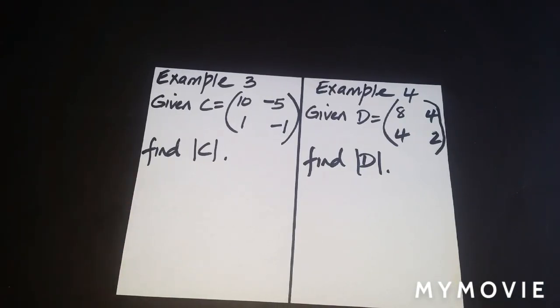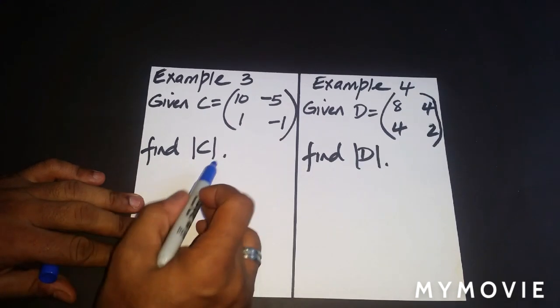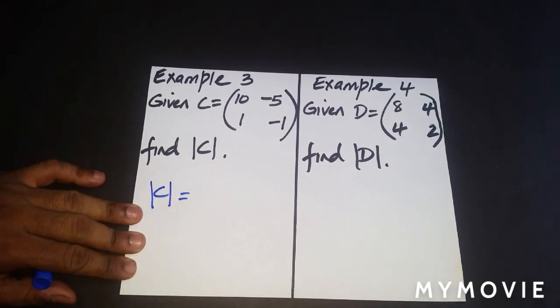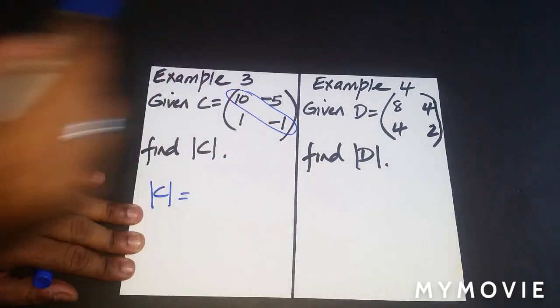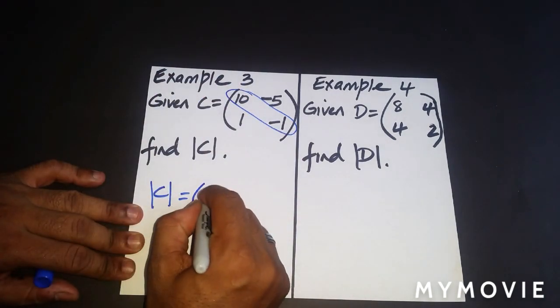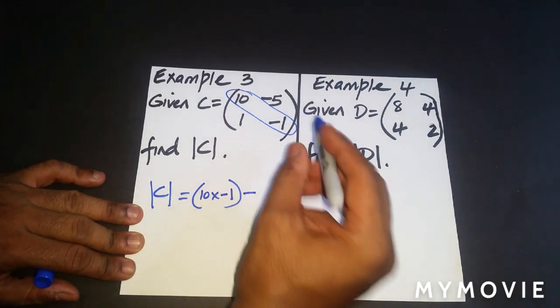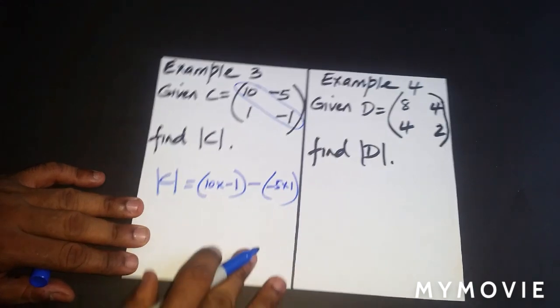All right, so let's take a look at this. Again, we're focusing on 2 by 2 matrices only. We're asked to find the determinant of matrix C, which is denoted this way. The determinant of matrix C equals the product of the elements in the leading diagonal. Here are the elements in the leading diagonal. That would be 10 times minus 1, minus the product of the other two elements, which would be negative 5 times 1.